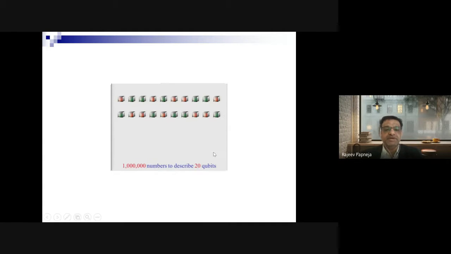Now, as the number of qubits increases, so let's say we have 20 qubits, well, now we need about 1 million numbers to describe all the ways these qubits are correlated in some highly entangled state, or 1 billion numbers, let's say, for 30 qubits.